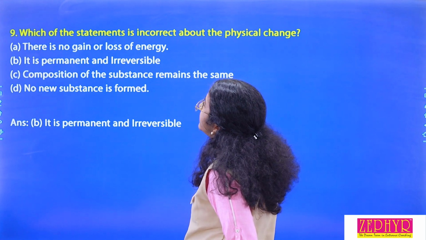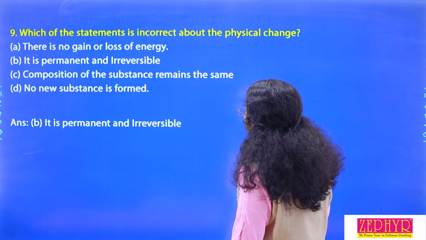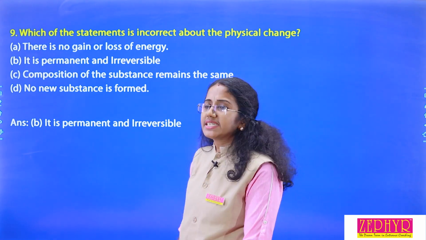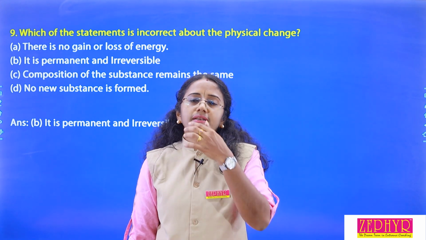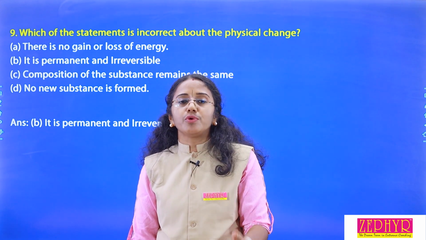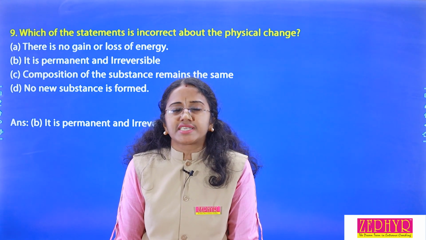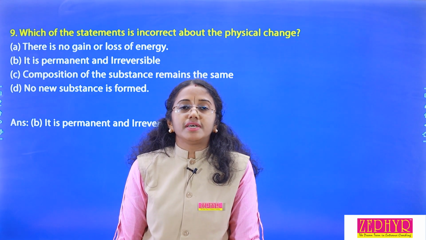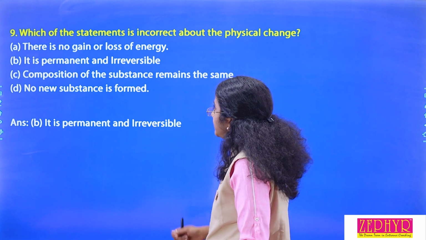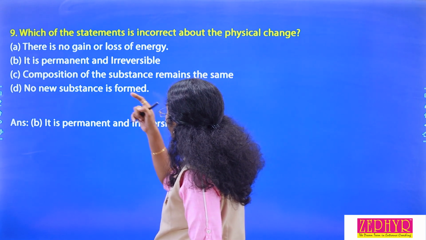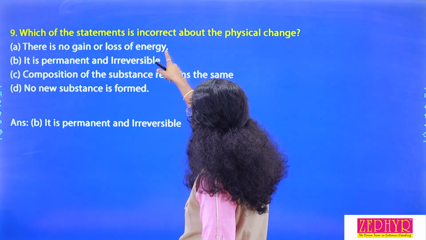Next, ninth one, which statement is incorrect about the physical change? Physical change is a temporary change, no new substance is produced, no chemical reaction takes place, and it is reversible. There is no gain or loss of energy, that is right.